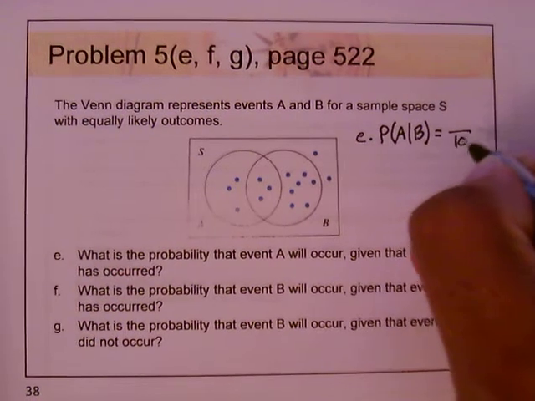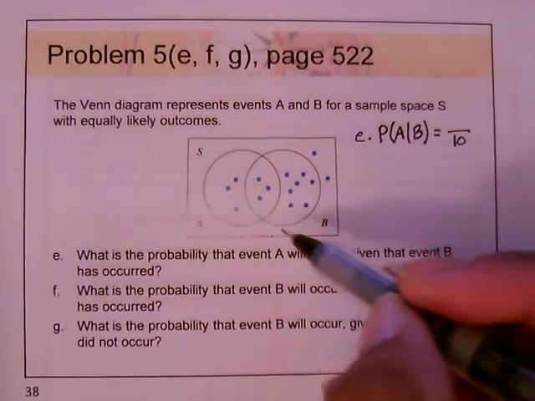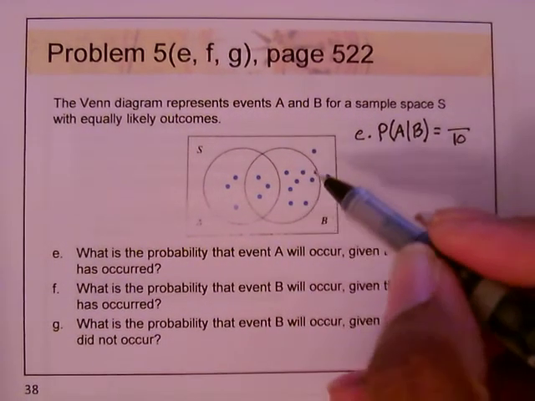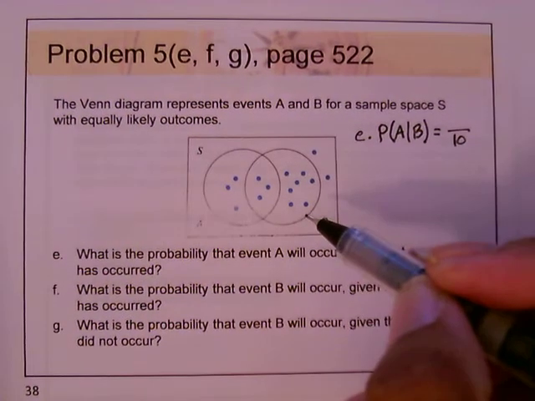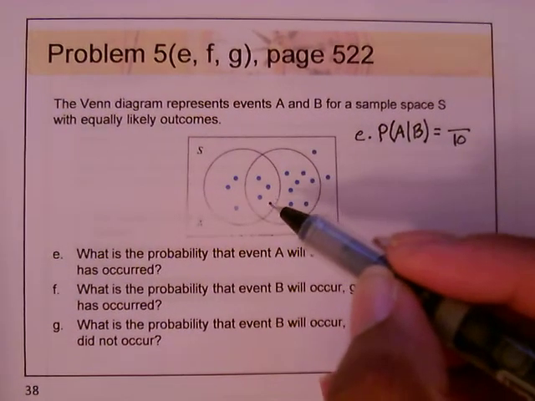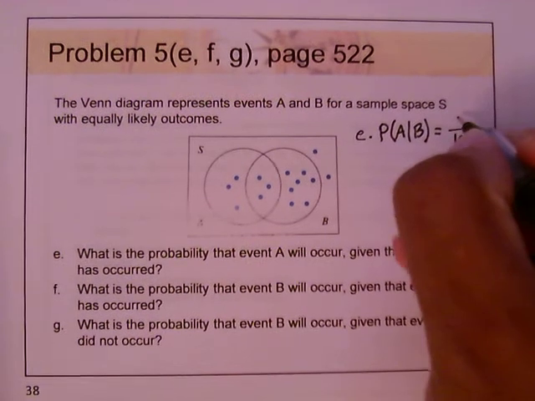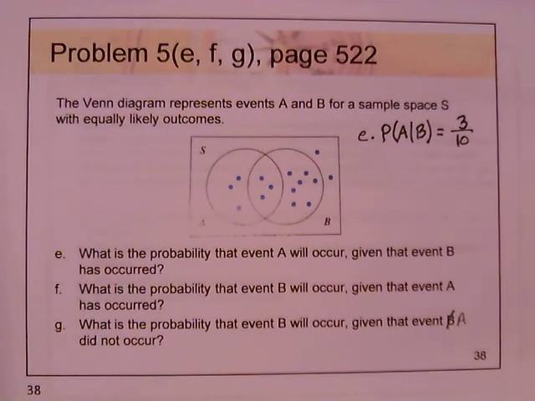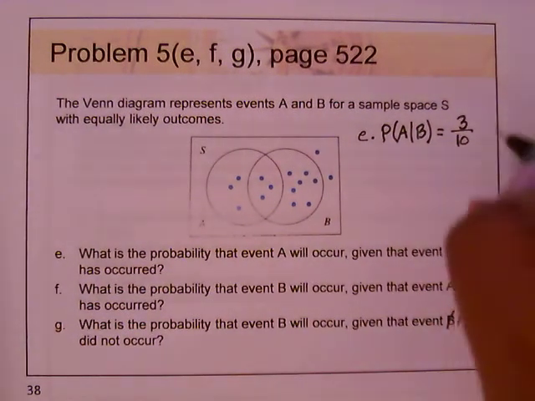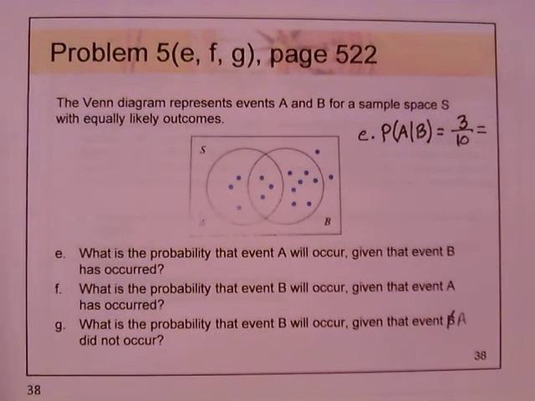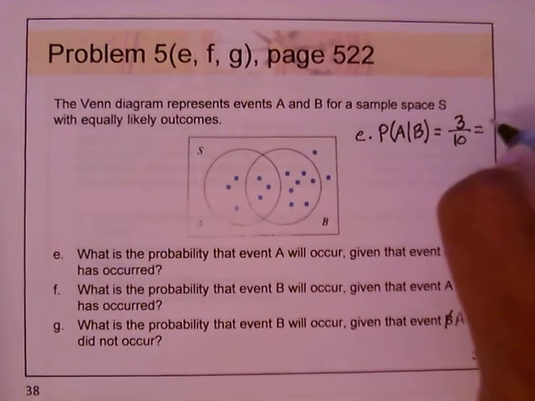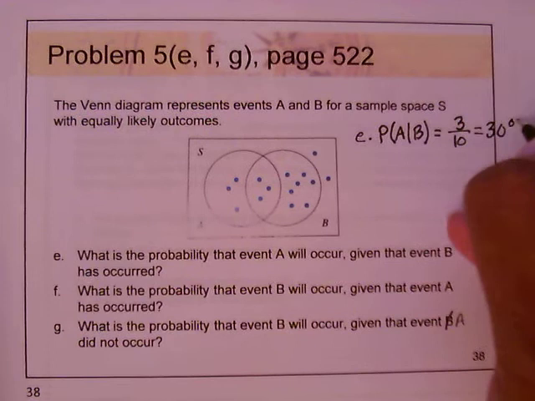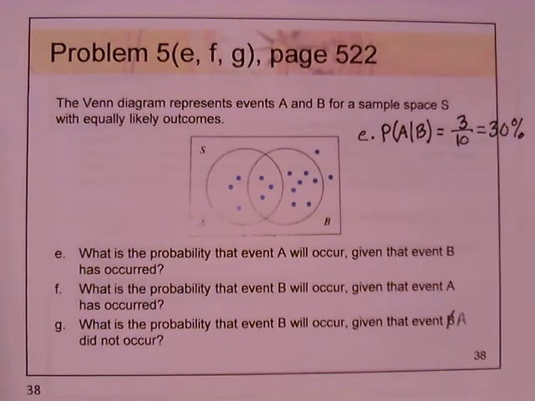So out of these 10 dots, what will be the probability of event A? These 3 are also in A, so that means that 3 would go in the numerator, so it'll be 3 out of 10, or exactly 30%, when you do 3 divided by 10 times 100.